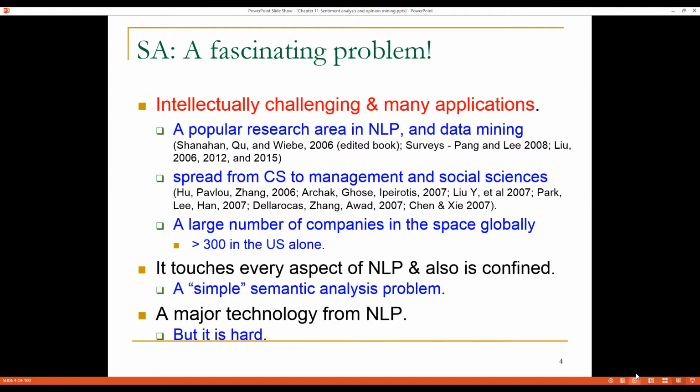In the US alone, there's over 300 companies. It touches every aspect of natural language processing. However, it's also confined, and it's a simple semantic analysis problem, a major technology from NLP, but it is difficult.